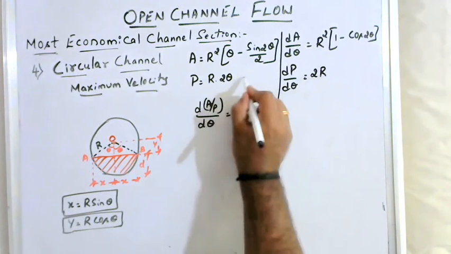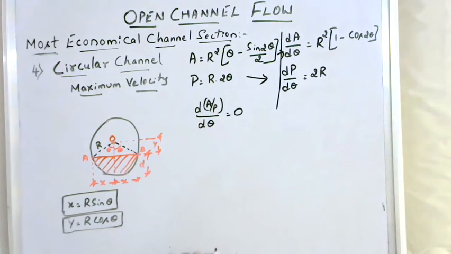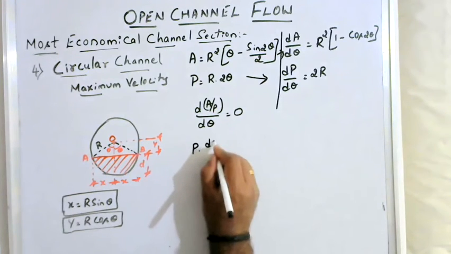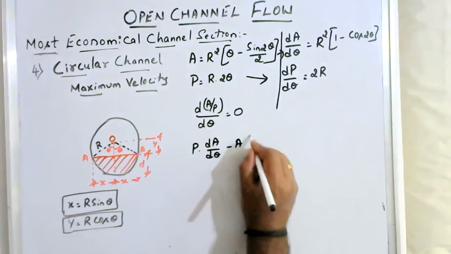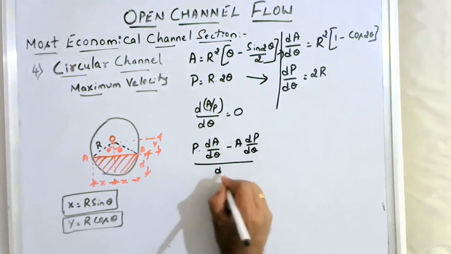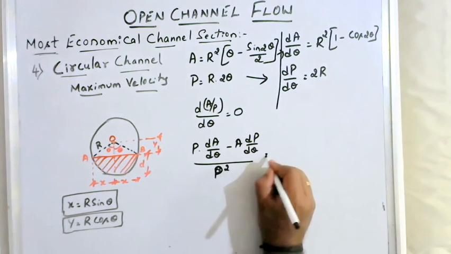Next, you apply the quotient rule, that is P into dA by d theta minus A into dP by d theta, whole divided by P squared, equated to 0.